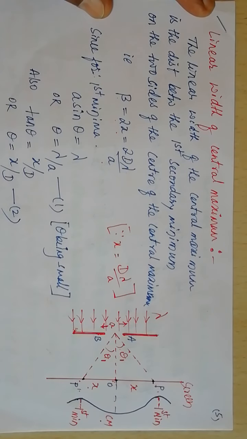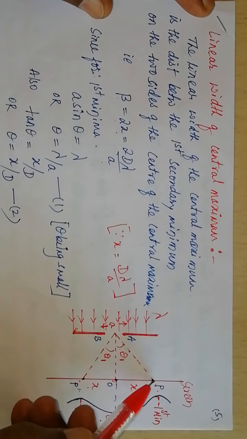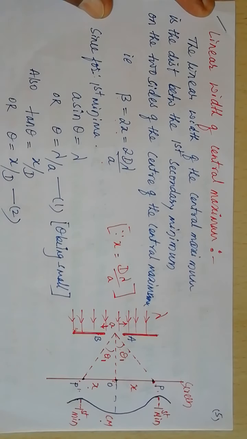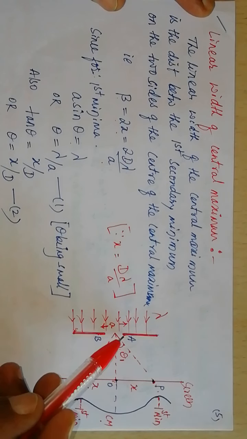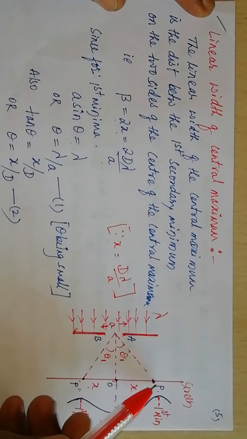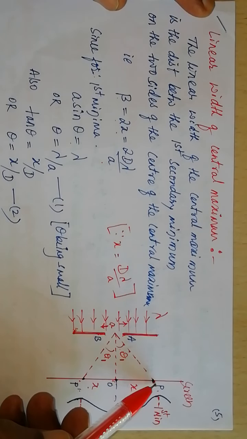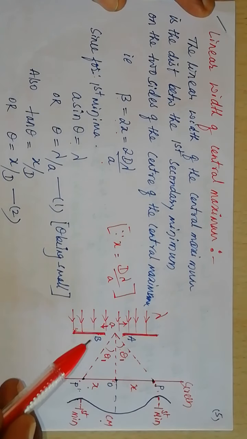Since for the first minima at a point P, we can write a sin theta equals lambda. The path difference between the wavelets from A and B reaching the point P is 1 lambda.